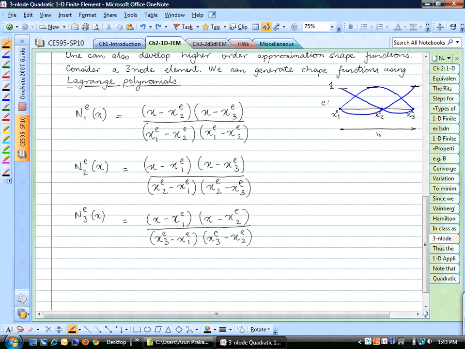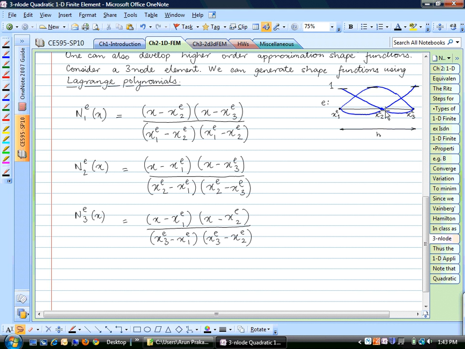Okay. So these are in general called Lagrange shape functions or Lagrange interpolation functions, and you can generate any number of these shape functions by including more and more nodes within your element. So this is the shape function that we are going to choose. One important point to make is that this node need not be in the center of these two nodes.